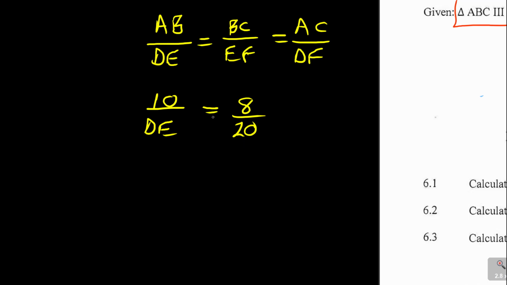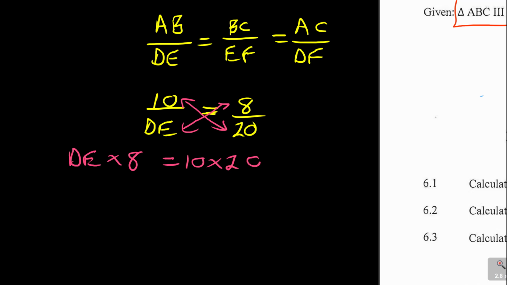Then after that, you do what is called cross multiplication, where the top multiplies the bottom, the top multiplies the bottom. So DE times 8 is equal to 10 times 20. But I want DE. I'm multiplying, so I divide by 8 on both sides.